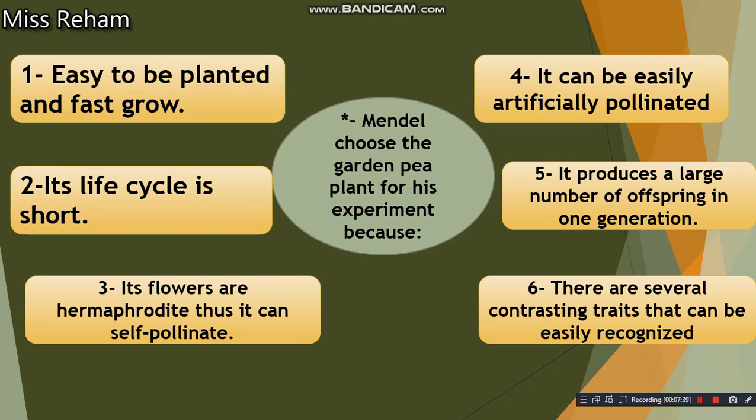So these are contrasting traits that can be easily recognized: red flower or white flower, yellow seeds or green seeds.